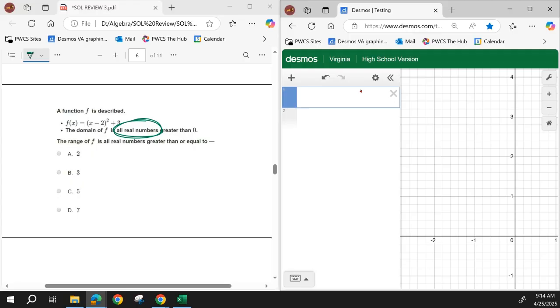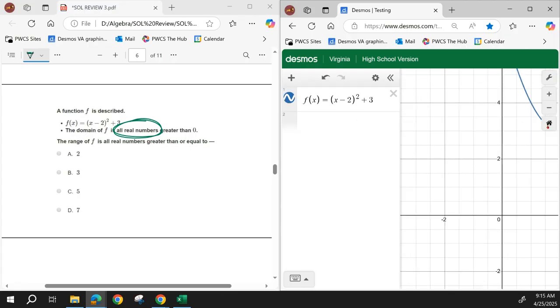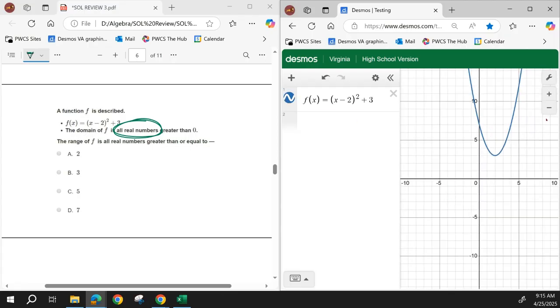So let me actually type this example in there. And remember that if you ever have the house over here, you should click it because it's going to zoom and fit this screen. I'm going to go find that point.